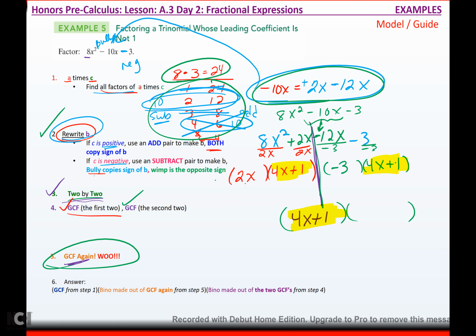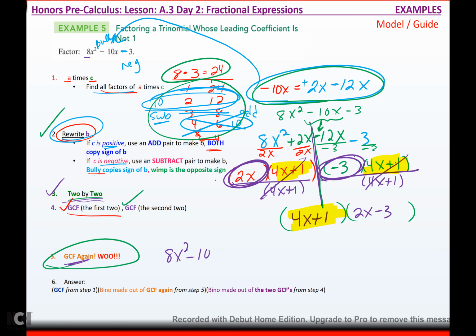To get what's left, we're going to divide by 4x plus 1. Cancel, cancel, and whatever's left, in other words, the two GCFs that you pulled, are going to make your second binomial. So 2x minus 3. And we have factored 8x squared minus 10x minus 3 equals 4x plus 1 times 2x minus 3.